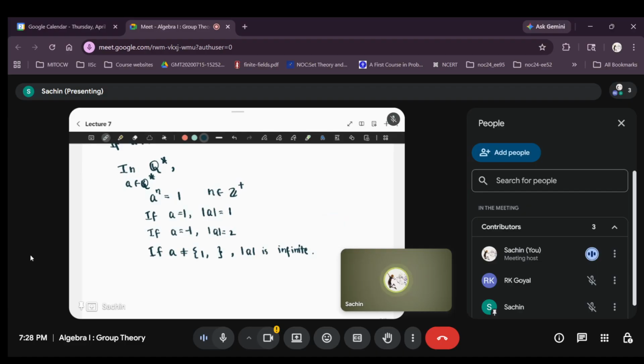We are asking for the positive integer such that A power n is 1. So if A is not 1 or minus 1, then the order of A is infinite. The order of 1, since 1 is the identity, will be 1. But unlike addition, where the identity was the only element with finite order, here minus 1 is an extra element that has finite order.